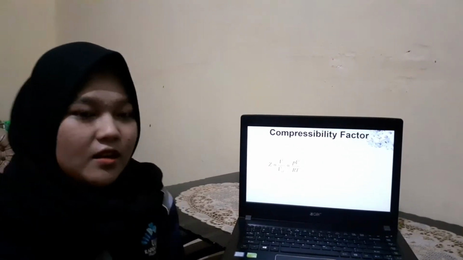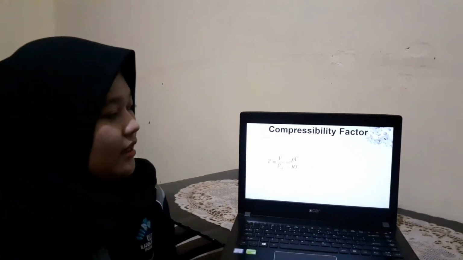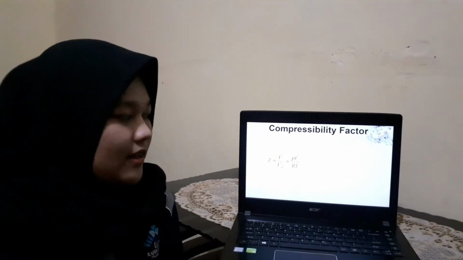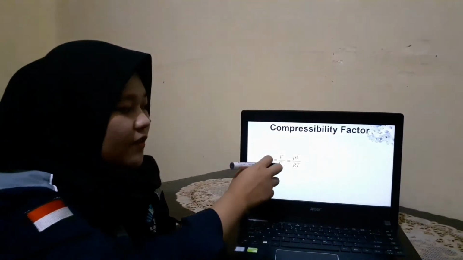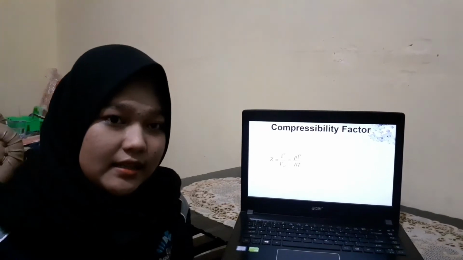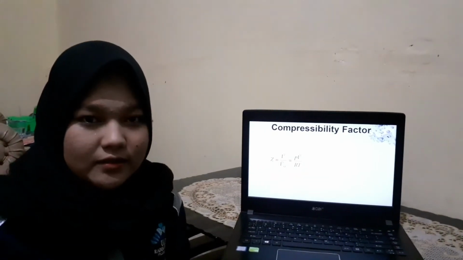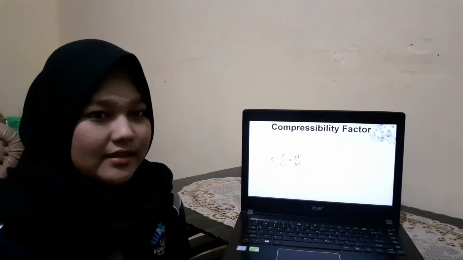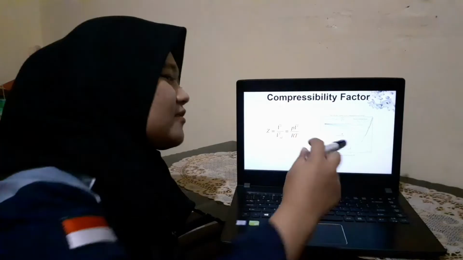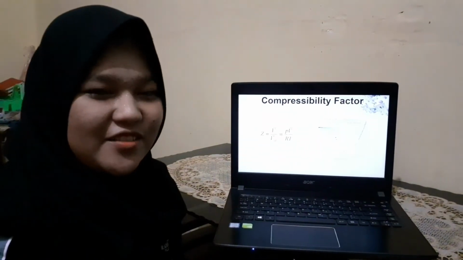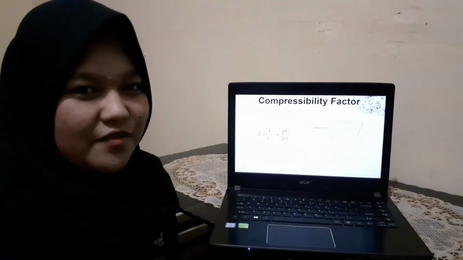It means the difference between the ideal gas and the real gas in deviation from ideal gas behavior is the compressibility factor Z. The ideal gas has a compressibility factor equal to 1, but in the real gas, Z doesn't equal 1.